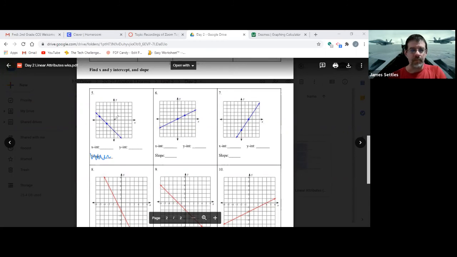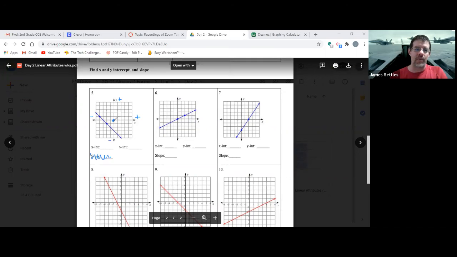But we want to find where it crosses the X axis and where it crosses the Y axis. So I want to remind you that this is 0, not 1. That's 0 right there. Going down is negative, going up is positive. And when you're on the x-axis, going left is negative and going to the right is positive. That's the same on these three too.